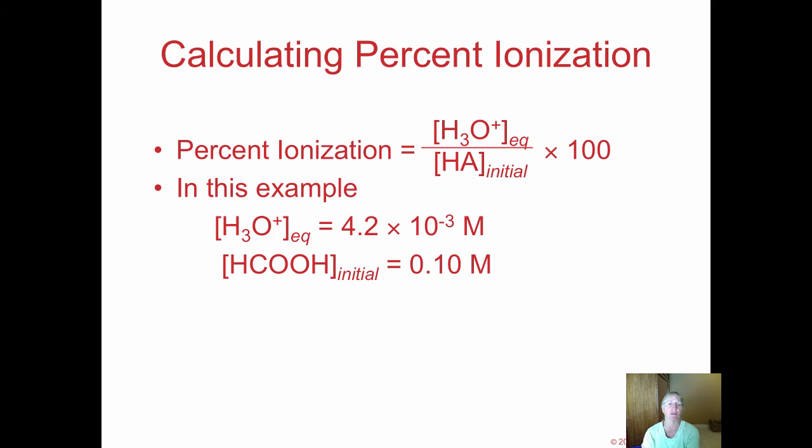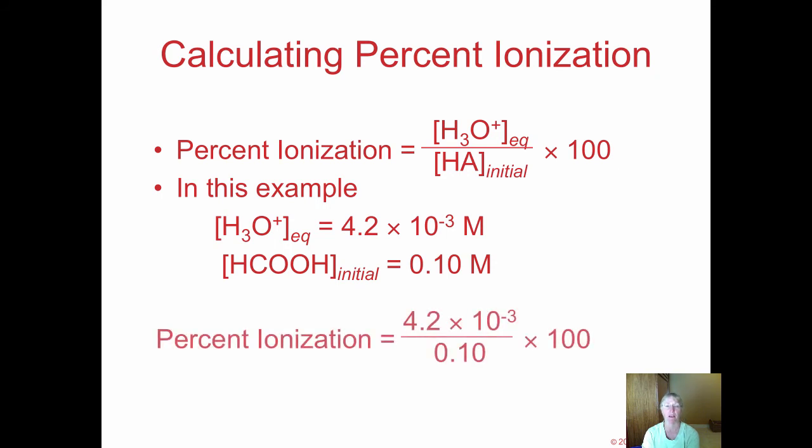The original concentration of that formic acid was 0.1. So if you take the amount that forms as ions divided by the original concentration in molarity and multiply it by 100, you can quickly find that the calculation of percent ionization is pretty simple.